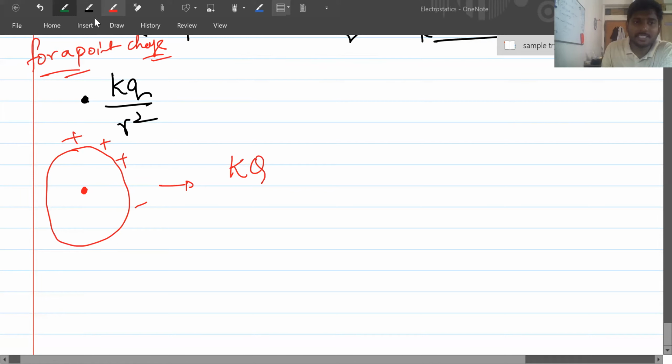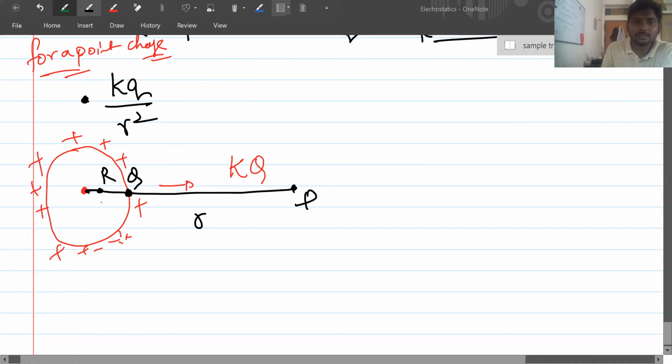I need to consider 3 points. One point is at the outside with the distance r. One point is on the surface. One point is inside the surface.